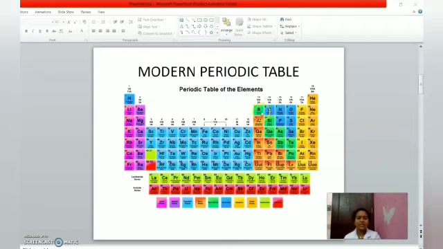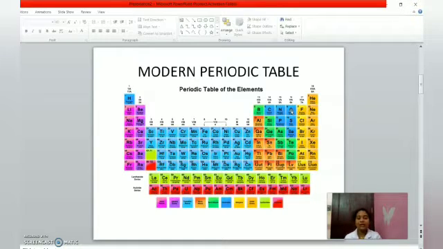Groups 1, 2 and 13 to 18 are known as representative elements. Each group is known by the name of its first element. For example, the 13th group is the boron family, the 14th group is the carbon family, the 15th group is the nitrogen family, and the 16th group is the oxygen family.